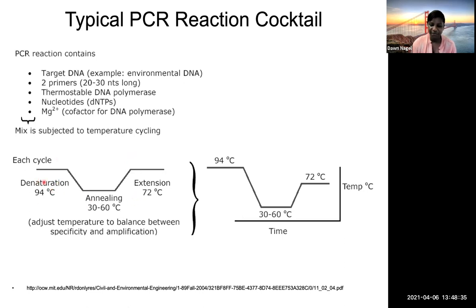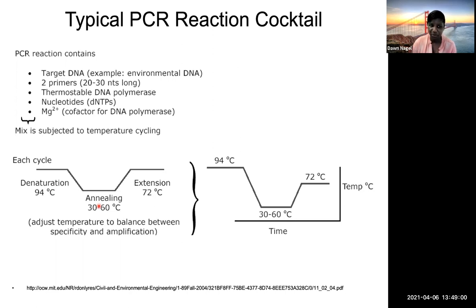Denaturation temperature, 94 degrees Celsius, to some extent depends on the polymerase, but for the most part, most polymerases can still function even at these high temperatures. So that means that the polymerase has to be really thermostable, and you'll see that that's the case. Annealing temperature is going to depend on your primer, how your composition of AT and CG within your primer sequence.